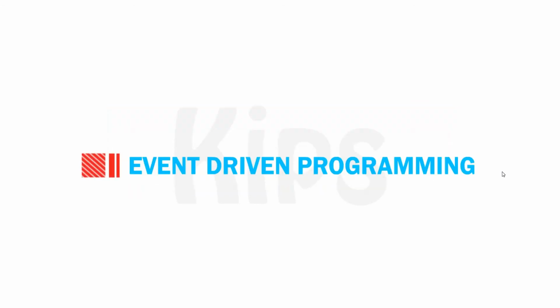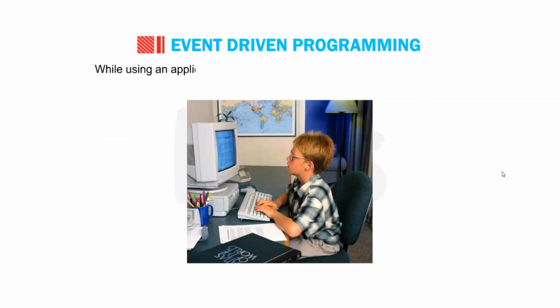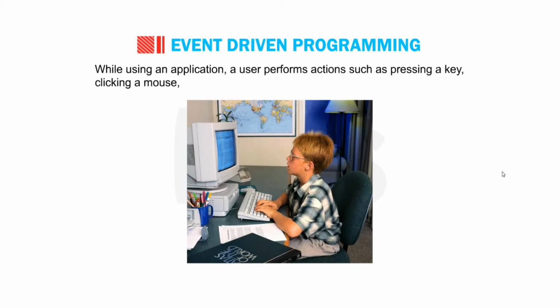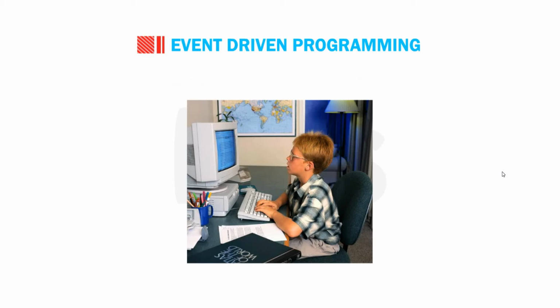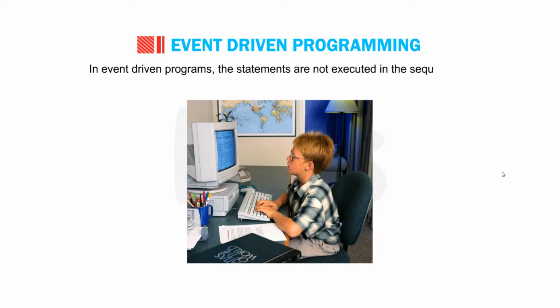Okay, let's discuss event-driven programming. While using an application, a user performs actions such as pressing a key, clicking a mouse, selecting a checkbox, or selecting a list item, etc. Such actions are known as events. In event-driven programs, the statements are not executed in the sequence in which they are written.